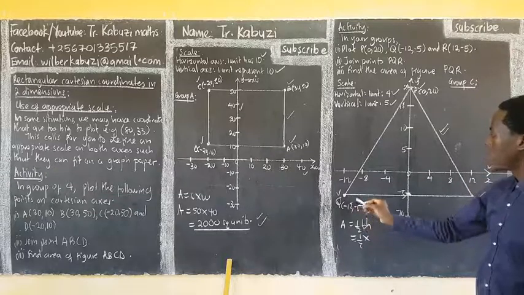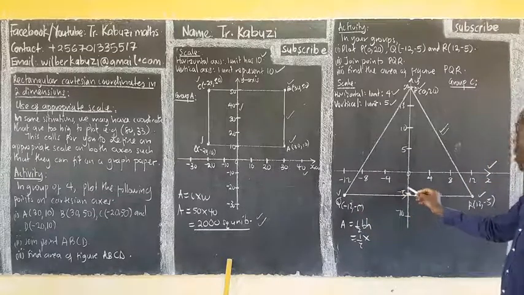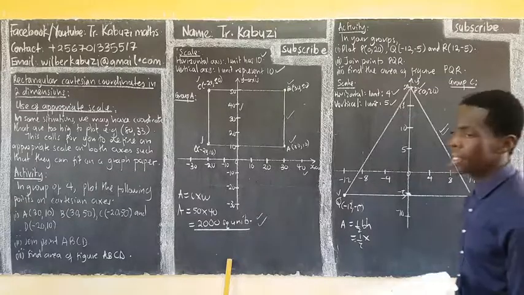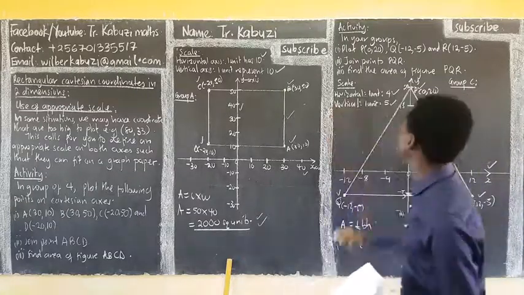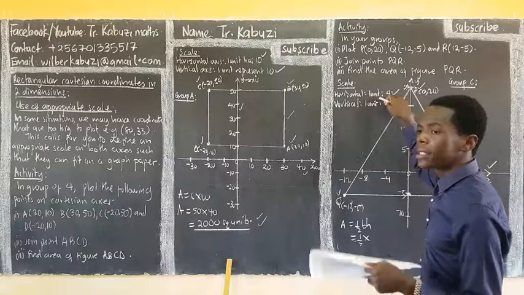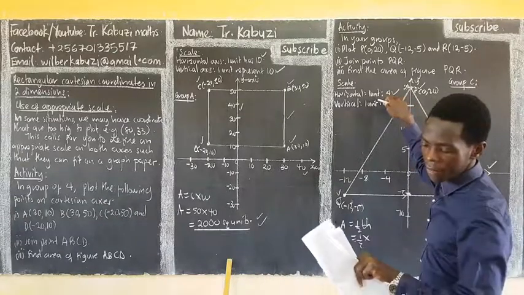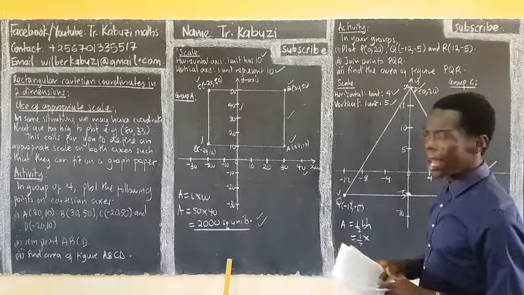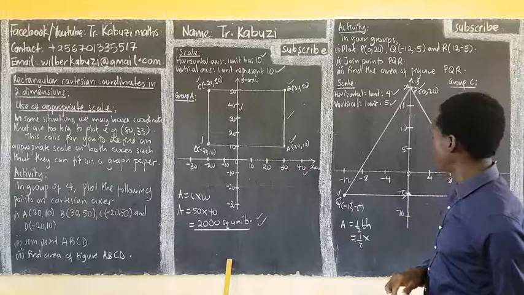There are 6 units, but each unit is having how many? 4 on the horizontal. So 4 times 6, for them they have 30.